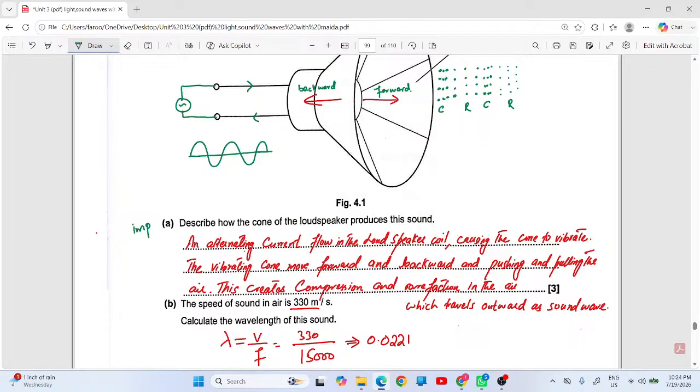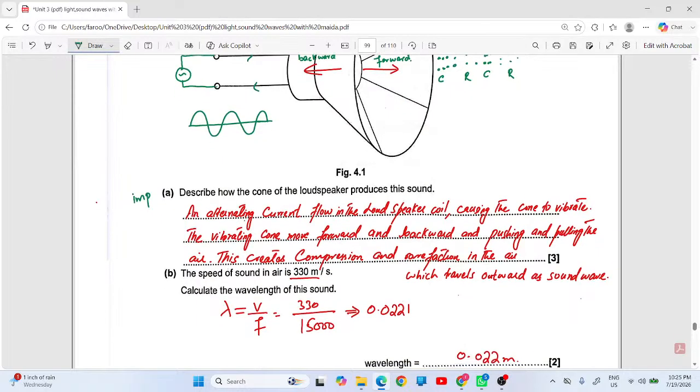We provide alternating current, the cone starts to vibrate forward and backward, the air molecules are disturbed, and the disturbance produces compression and rarefaction. So the compression and rarefaction create sound.